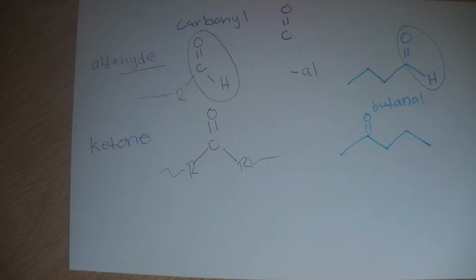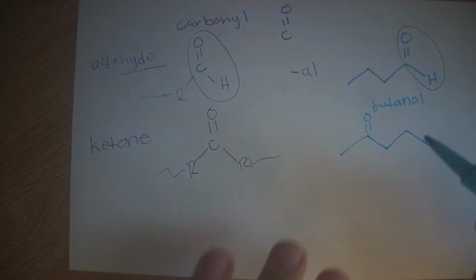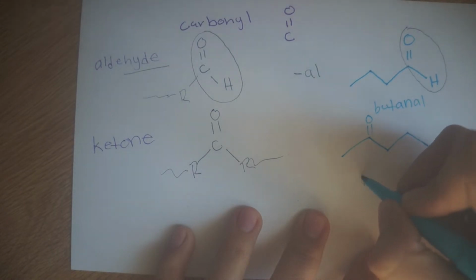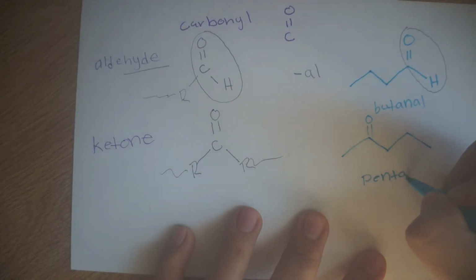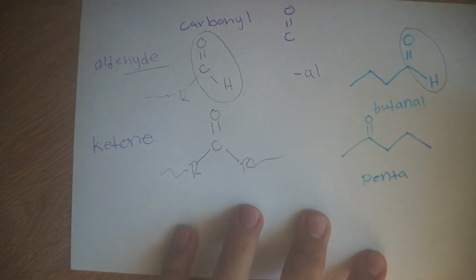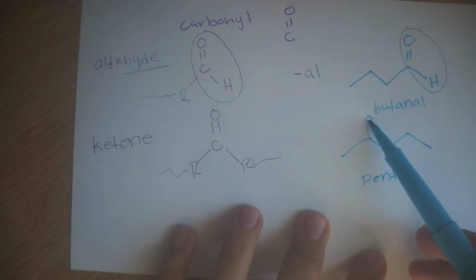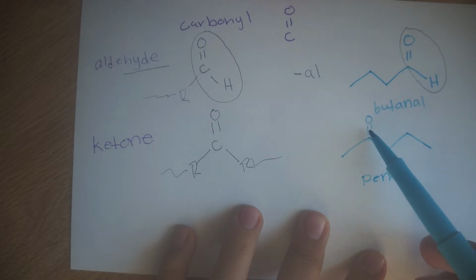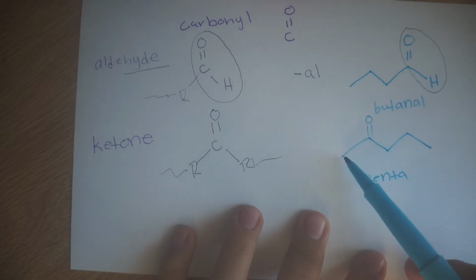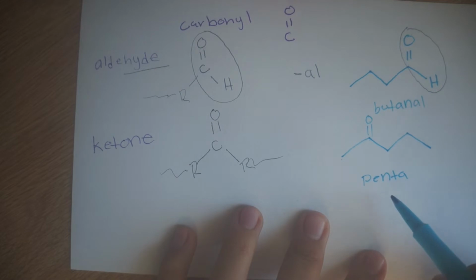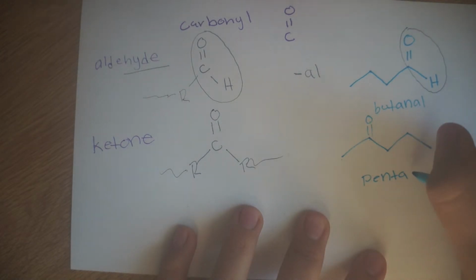Is that, and how we would name this, it has 5 carbons, so penta, and because since it's all single bonds, it would be pentane, but since it is a ketone, because it has a CO double bond, and the C is attached to 2 other C's, we're going to name it pentanone.